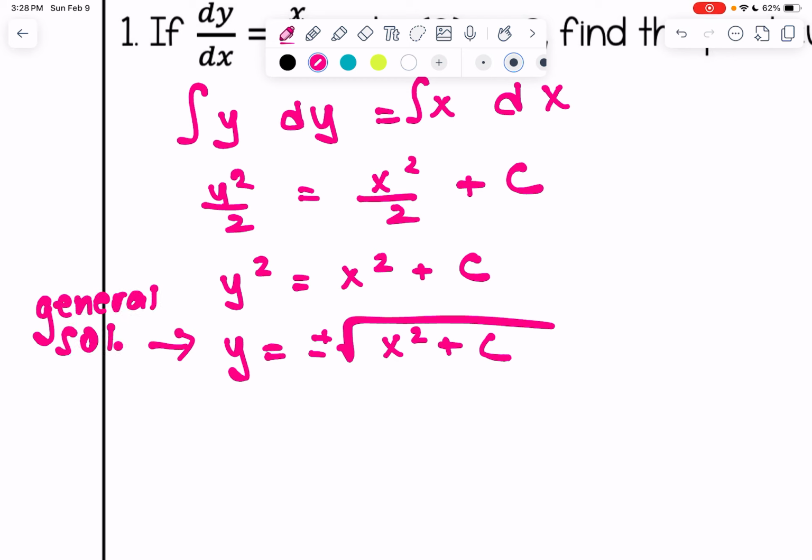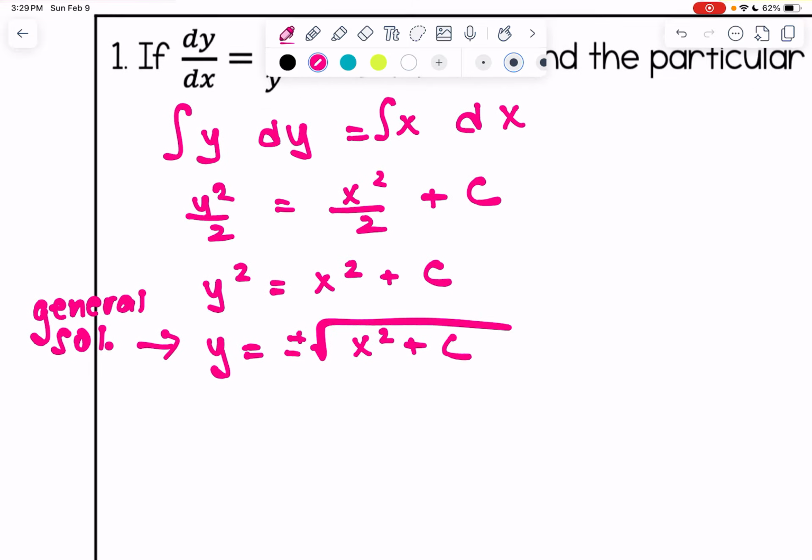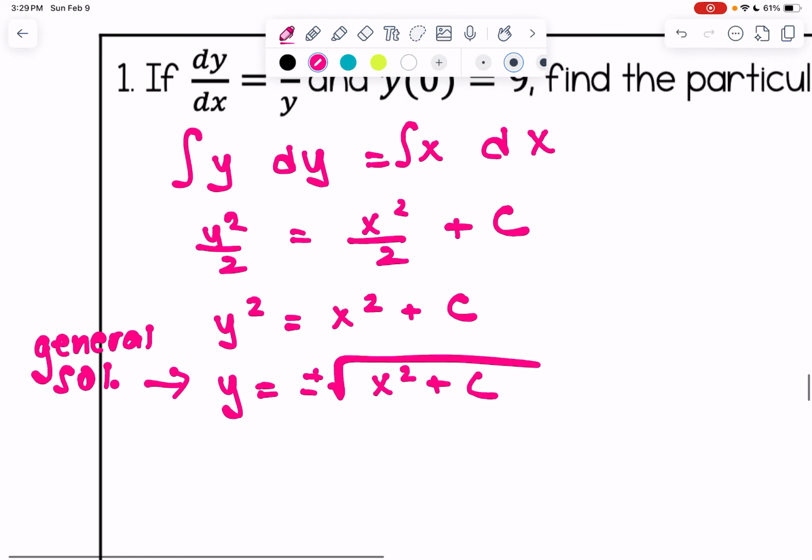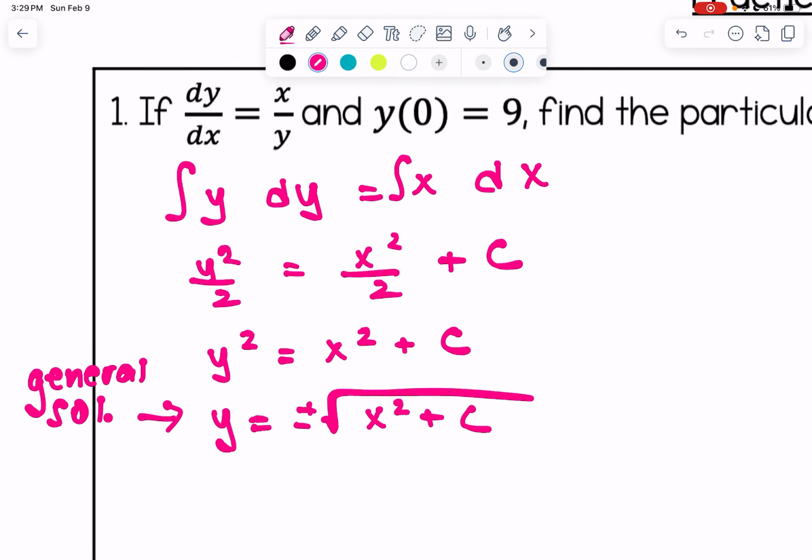we need to now use the initial condition or the given point. In this case, it was 0, 9, in order to find a particular solution. So first of all, I know that the particular solution is going to have a positive radical. That's because I have a positive value for y here. So if this said -9, I know that I need a negative out front.